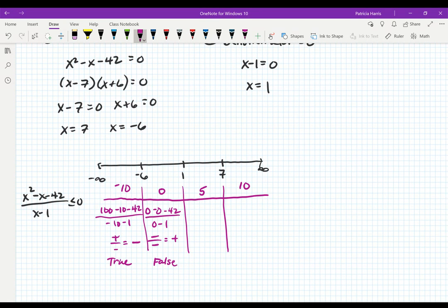Okay, let's plug in a 5. So 25 minus 5 minus 42 over 5 minus 1. So that's a negative divided by a positive, which is a negative. Negatives are always less than 0, so true.